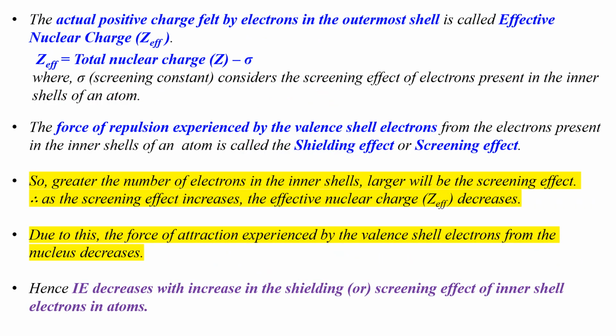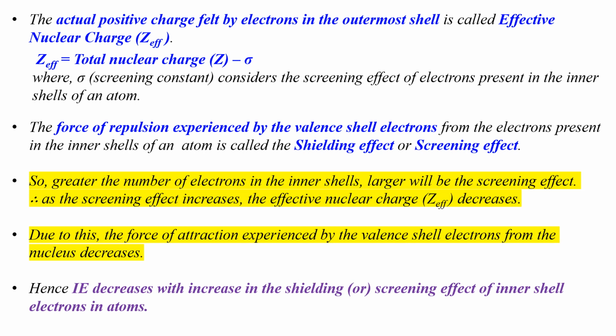In other words, the actual positive charge felt by electrons in the outermost shell is called effective nuclear charge, Z effective. The effective nuclear charge is given by the relation Z effective is equal to total nuclear charge Z minus sigma. Sigma is the screening constant. It considers the screening effect of electrons present in the inner shells.